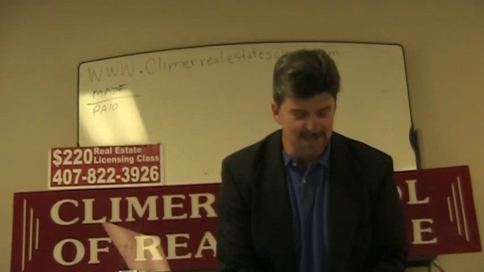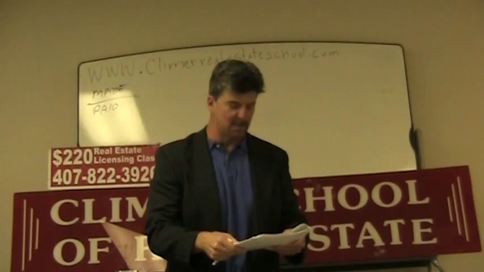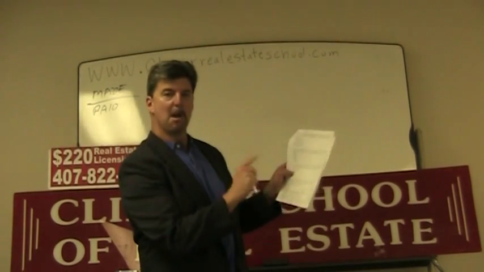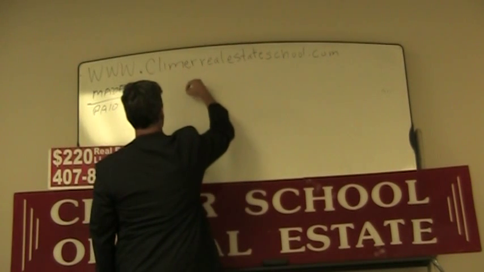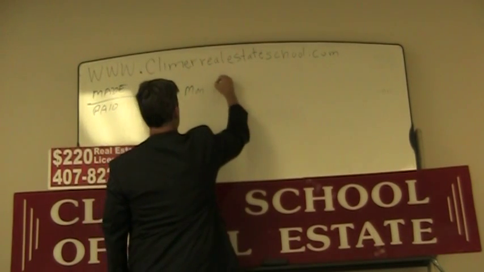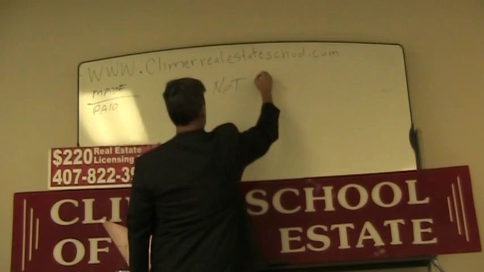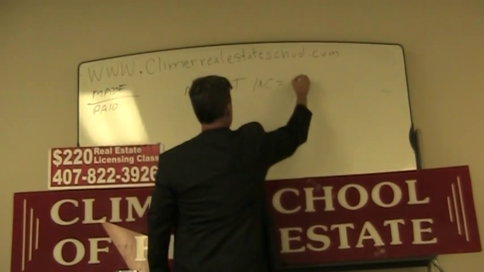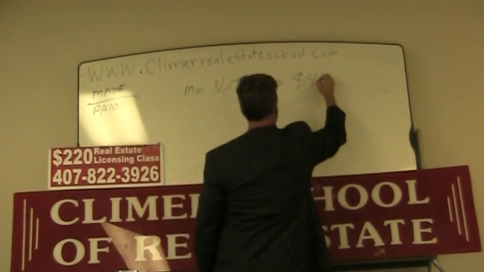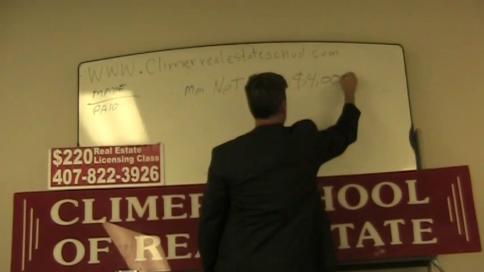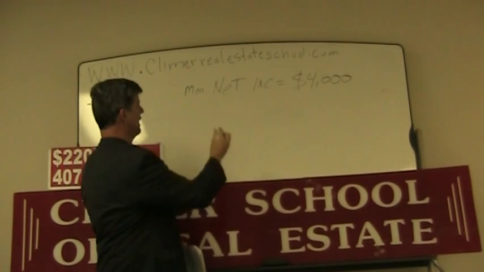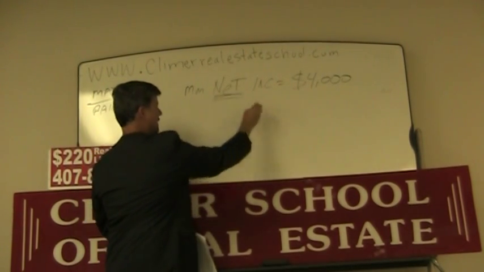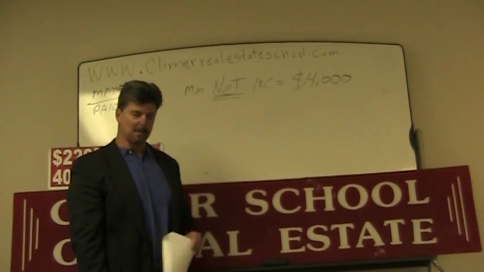Second thing is, what is the information they gave us? They gave us the fact that monthly net income is $4,000. Monthly net. They might be trying to trick you a little bit.